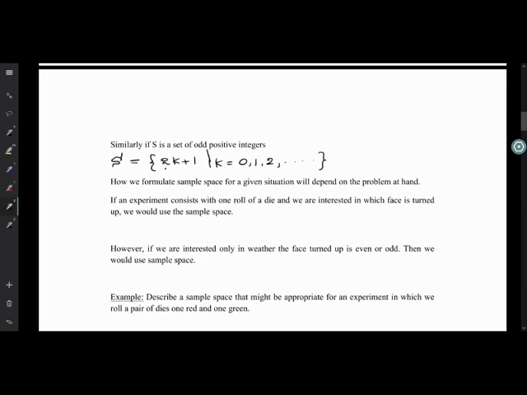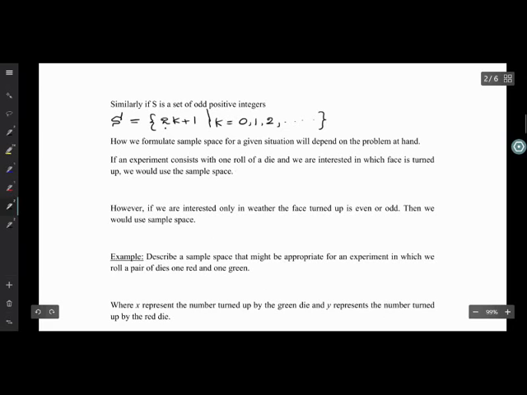If an experiment consists of one roll of a die, and we are interested in which face is turned up, we would use the following sample space. We can write S as one of the outcomes 1, 2, 3, 4, 5 and 6.